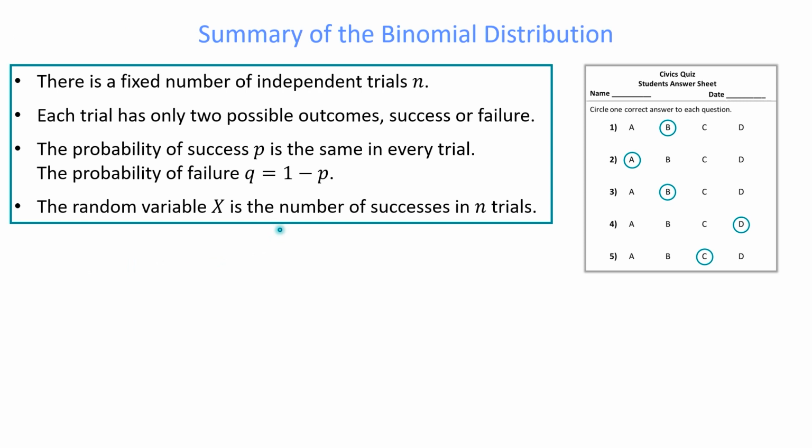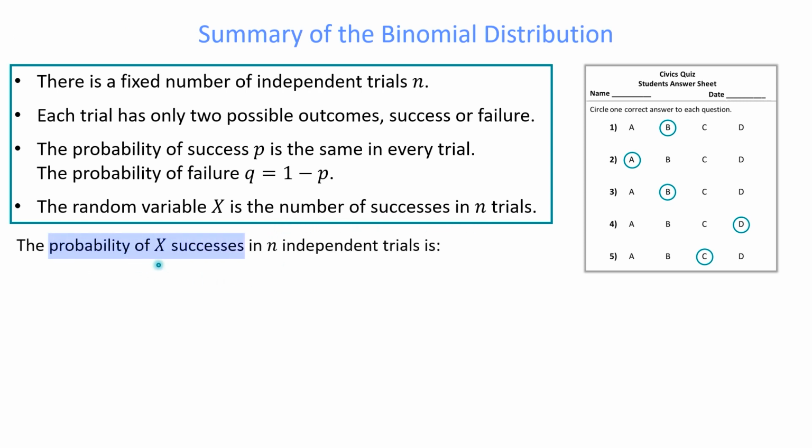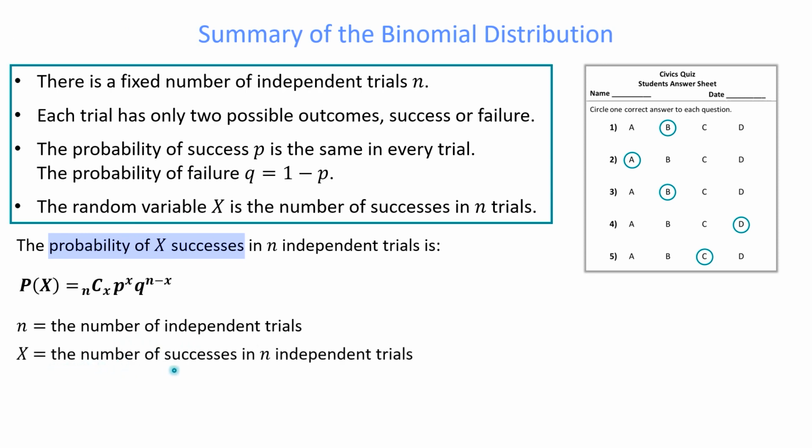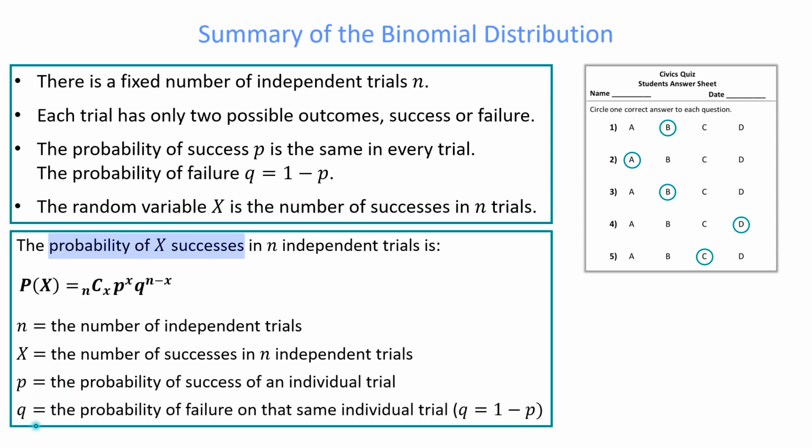Now, to find the probability of x number of successes in n independent trials, we use the formula P(x) is equal to n choose x multiplied by p to the power of x multiplied by q to the power of n minus x, where n is the number of independent trials, x is the number of successes in n independent trials, p is the probability of success, and q is the probability of failure.